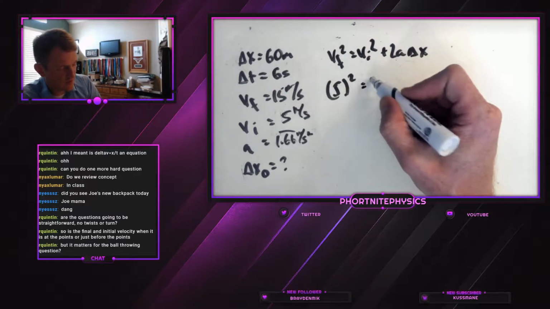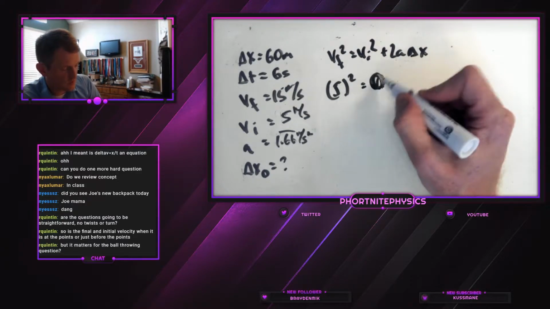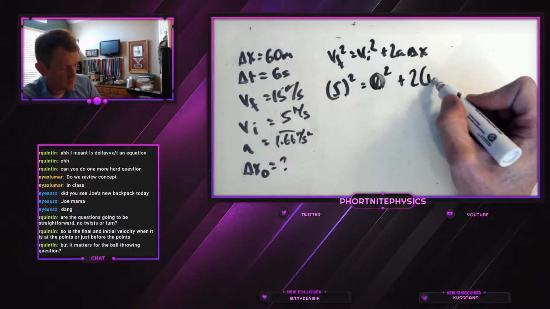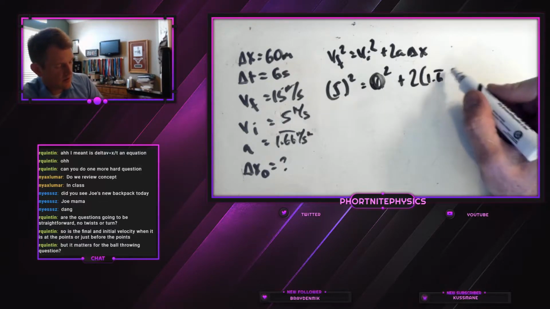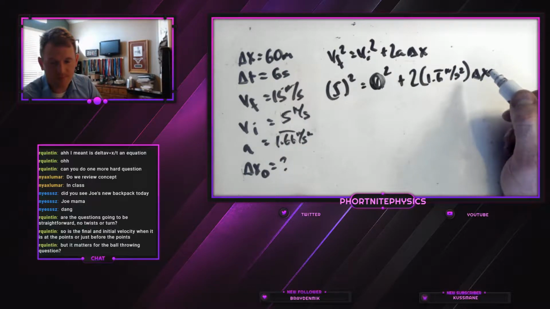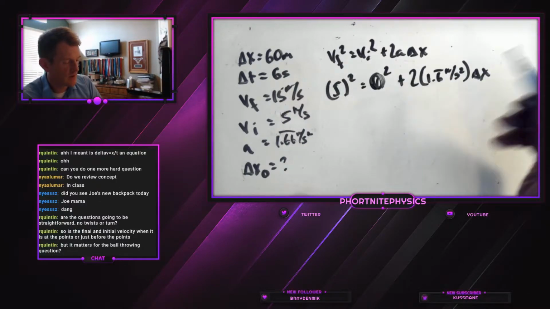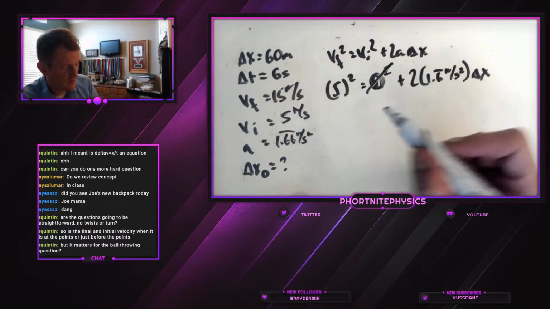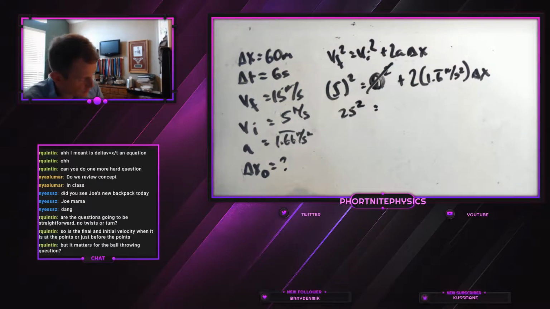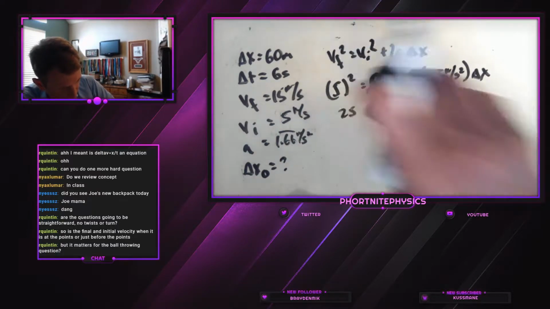5 squared equals 0 squared plus 2 times our acceleration, which is 1.6 meters per second squared, multiplied by our delta x. So 0 squared is 0. 25 is 5 squared.